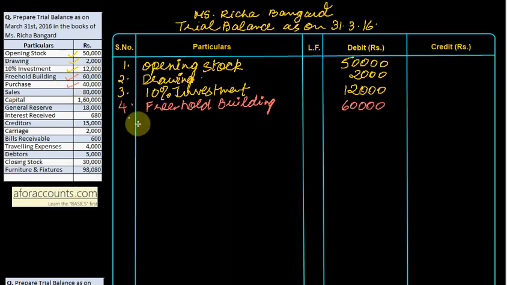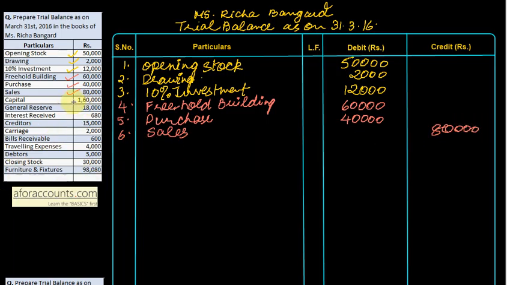Purchase of 40,000. Debit the purchase, credit the sales. So purchase 40,000 is again debit. Sales 80,000. Sales will be credit. So in the credit side 80,000.